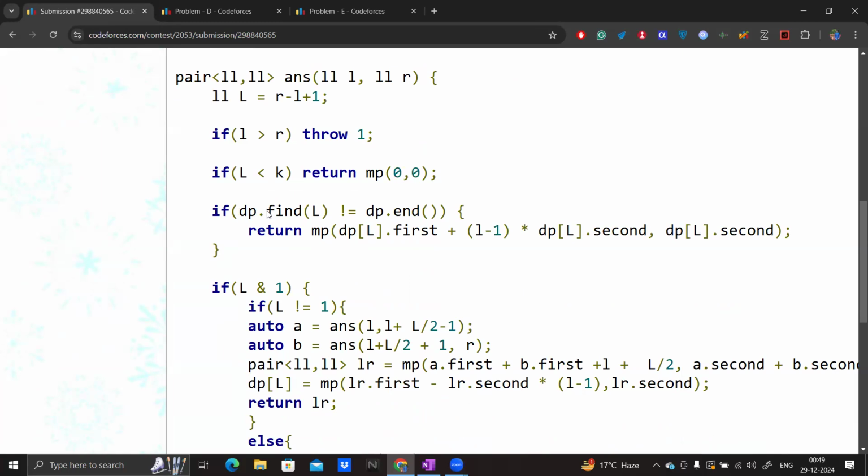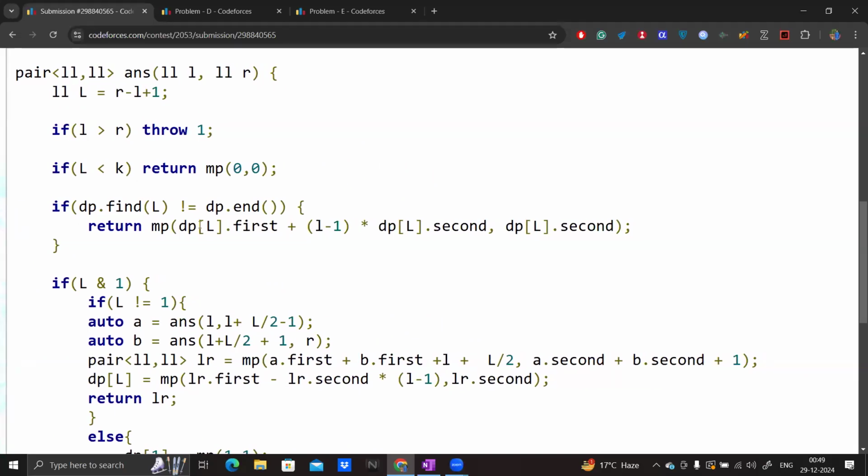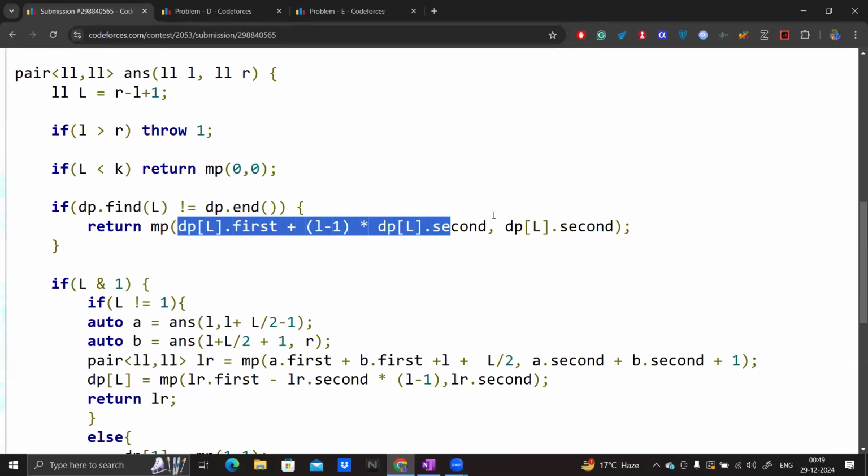Now, if dp dot find L is not equal to dp dot end, basically for this length we have the answer, then we can just shift it. So the answer would be dp L dot first plus L minus 1 times dp L dot second.